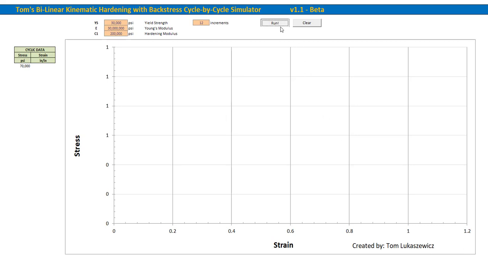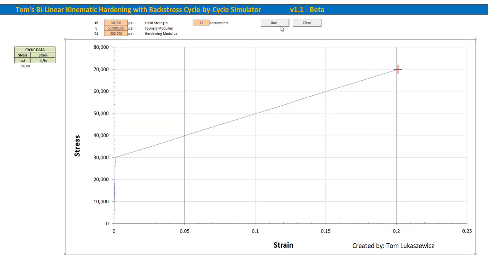So if I run this here, you can see this would be a typical monotonic loading. I think everyone would expect this behavior, so nothing new here. The bilinear hardening really just means that, for the first section here, this is Young's modulus up to the yield point.